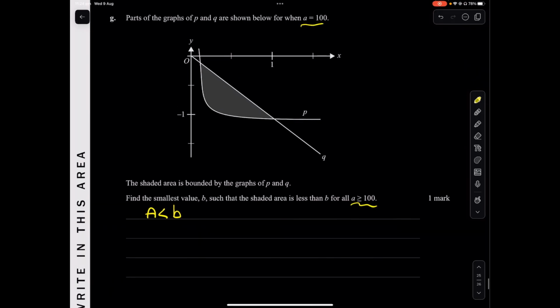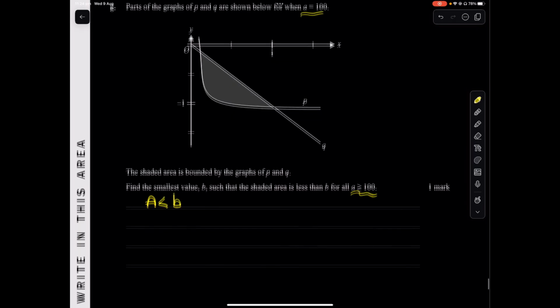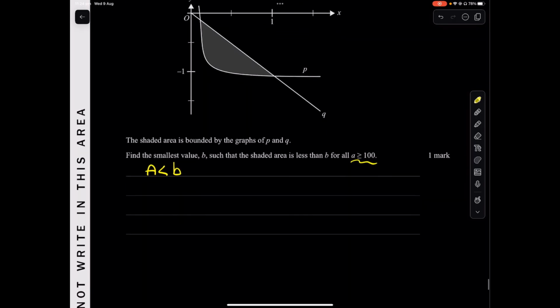We can read that as B must be greater than the area. So the area increases, and it will hit a max. Your B value is your max.